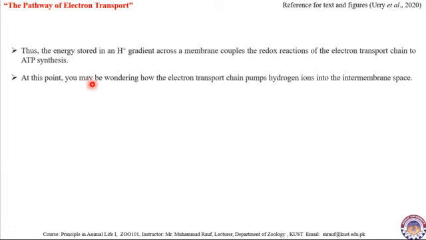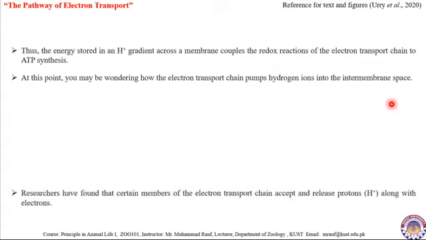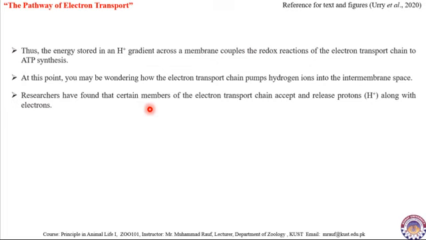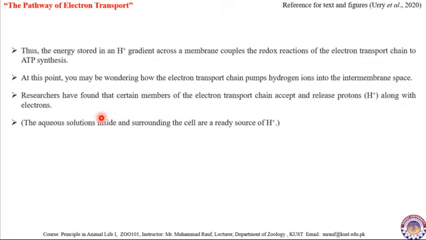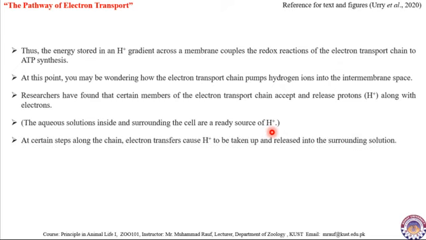At this point, you may be wondering how the electron transport chain pumps hydrogen ions into the intermembrane space. Researchers have found that certain members of the electron transport chain accept and release protons along with the electrons. So the aqueous solution inside and surrounding the cell is a ready source of hydrogen ions.